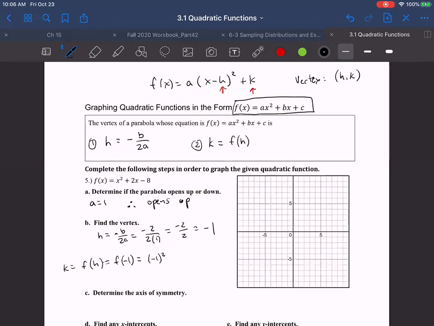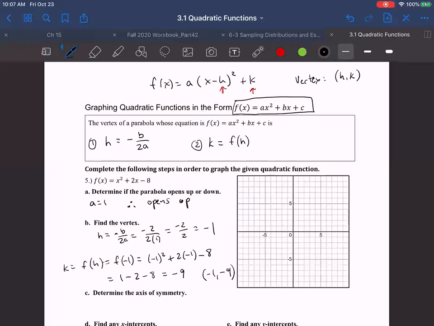Negative 1 squared plus 2 times negative 1 minus 8. Negative 1 squared is just 1, 2 times negative 1 is negative 2, and then minus 8. Put all those together, and you should get negative 9. So our vertex is at (negative 1, negative 9).